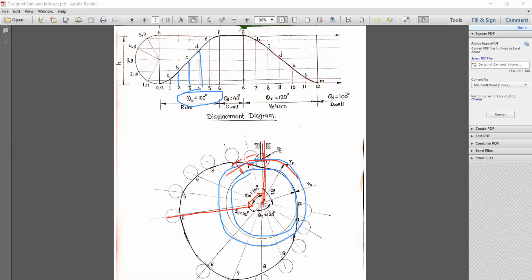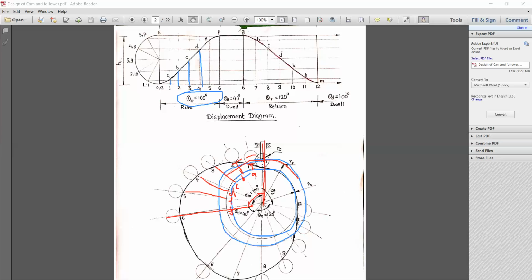Then it's 3 to C, 4 to D, 5 to E, and 6 to F. Similarly, you can find out the length.